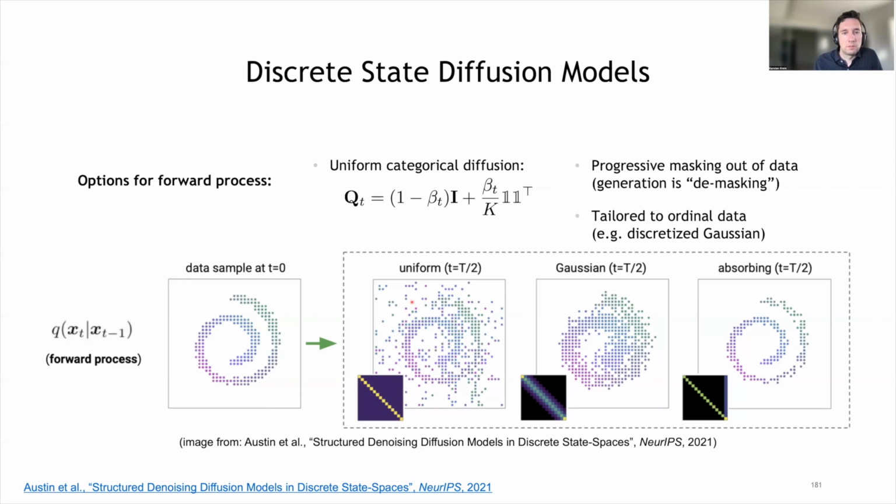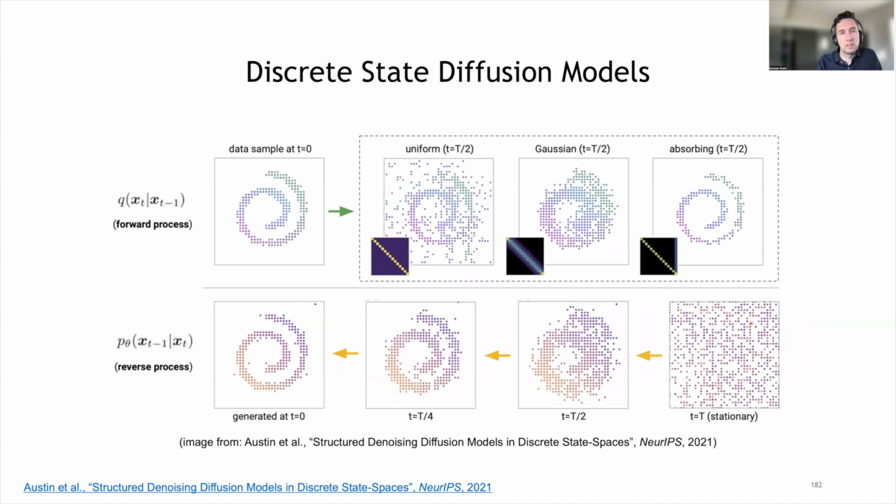I could also do something like Gaussian diffusion, where it's more of this ordinal thing, where I transition to neighboring states. And then there is also this absorbing diffusion where I progressively mask out or absorb my states. These are different ways to do this.